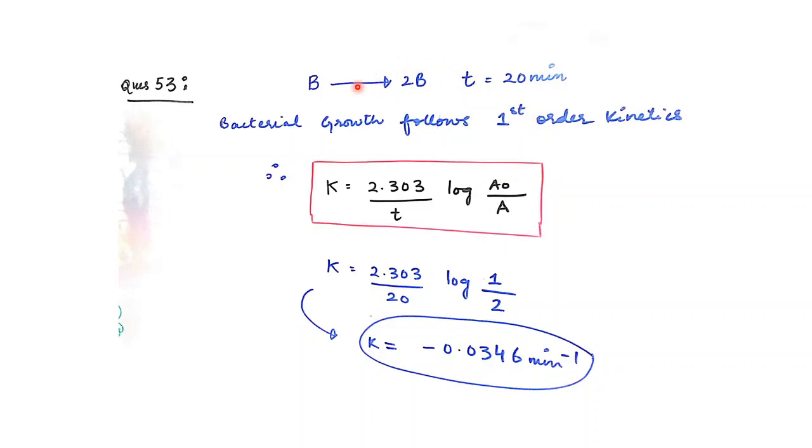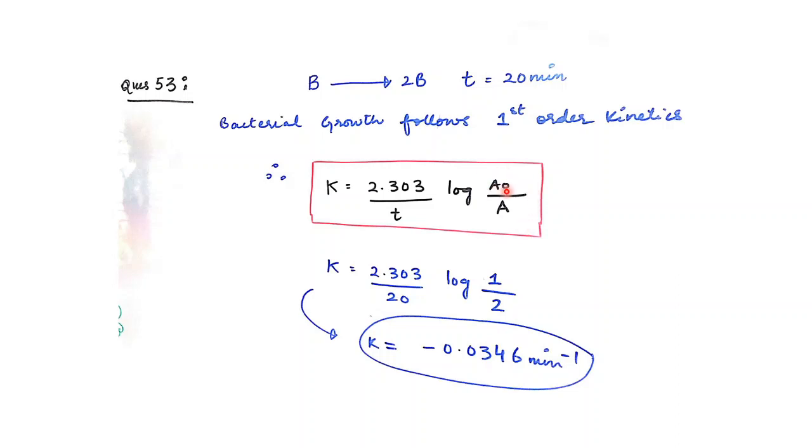Now let's take the initial concentration of bacteria. The initial concentration of one individual bacterium is 1. Each individual bacterium gives two new bacteria, so the initial concentration would be 1, and the final concentration would be twice the initial concentration, because each bacterium multiplies by a factor of 2.